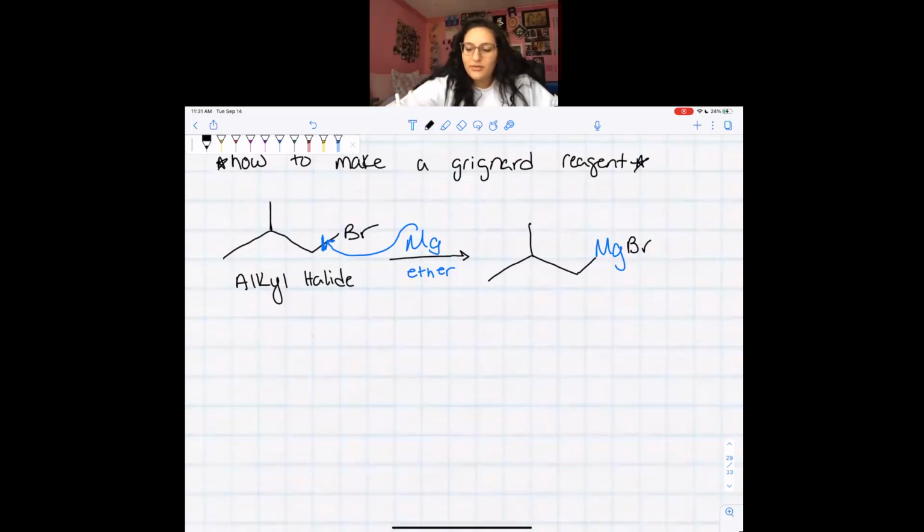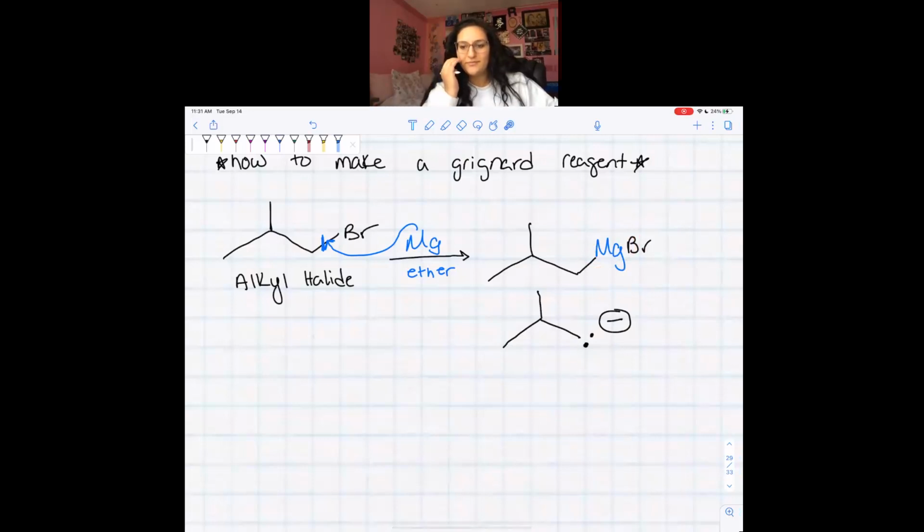So the Grignard reagent is what we get when our carbon realizes that he is all alone and his love has been taken away by magnesium. He's really negative. He's really sad. So sad face, magnesium took it away.